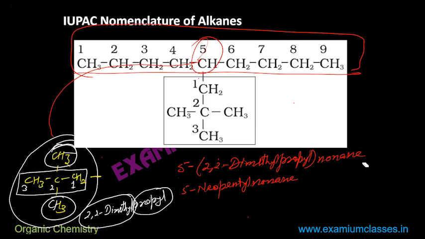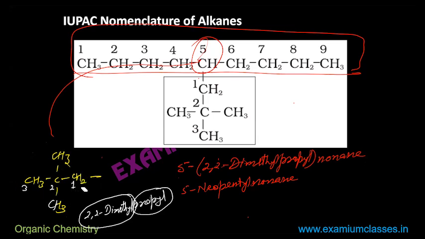Yes. 2, 2 decide that there are 2 methyl groups on the second position. So basically, why am I writing 2, 2? Because this is 2 methyl and this is 2 methyl. Both are on the second carbon. So that's why I have written 2,2-dimethyl. 2 methyls are attached.